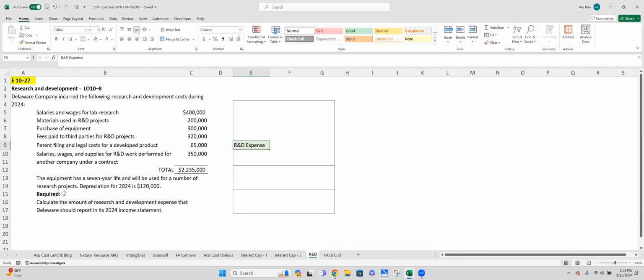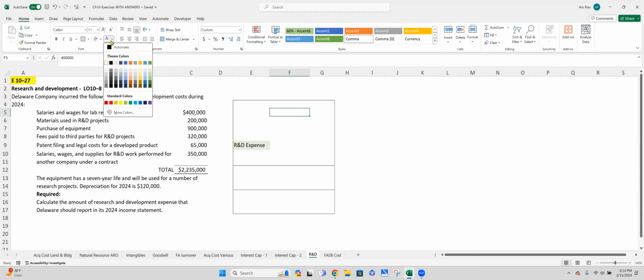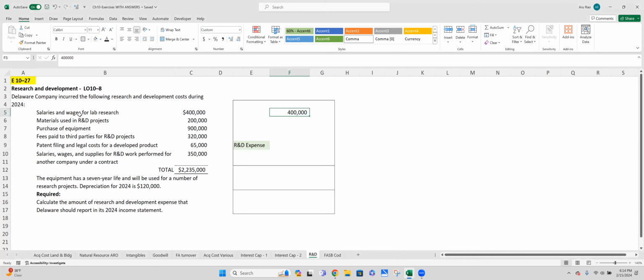So let's see what information is presented here to me. First is salaries and wages for lab research. Well, that clearly is going to be an R&D expenditure. Any salaries paid to people working in the labs where their researchers' work is being done, that's expense. Materials used in the projects, that's again a no-brainer.